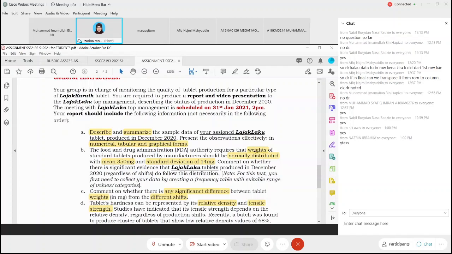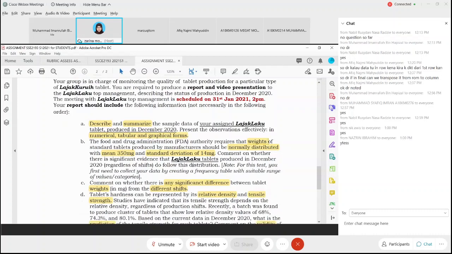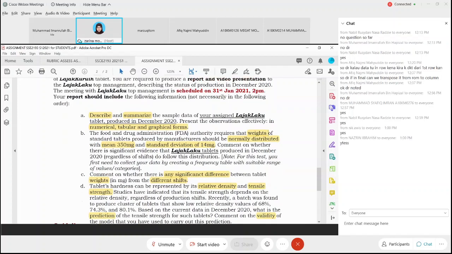On the H0, the weight X is normal with mean 350 and variance 14 squared. Since your data are raw observations, you have to reconstruct the table. Maybe you can use a different worksheet.